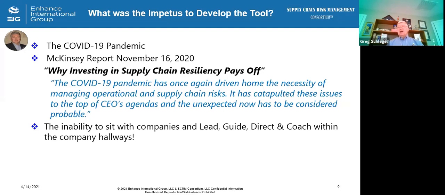We basically said in April of 2020, because we are an education organization, we used to do 25 workshops around the world every year with all our partners. Those face-to-face workshops are tempered at the moment, and the inability for us as educators and consultants to sit with companies and lead, guide, direct, and coach them within their own company hallways went by the wayside.